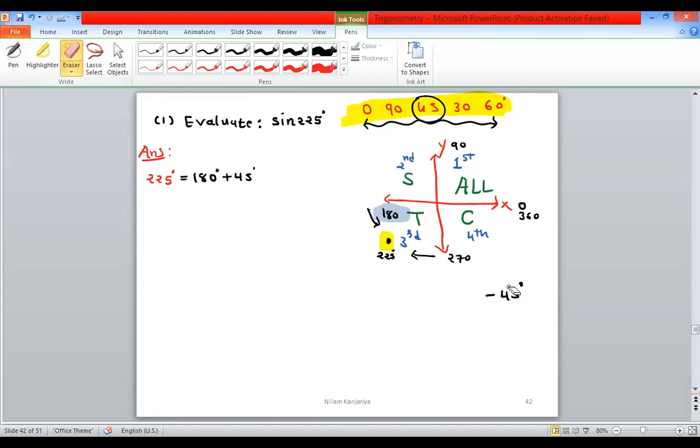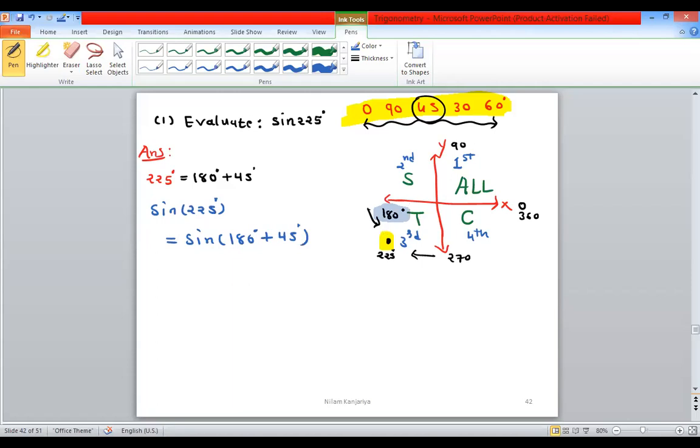So look, we can give the partition. First we partition it. Now we start solving. This is your sine theta. Apply sine on both sides. This is sine 225. Here the partition of the angle is 180 plus 45 degrees. Now this is your third quadrant.